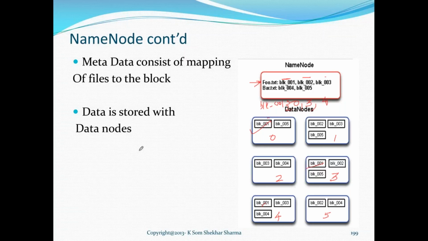Likewise for all the blocks. Now, if you keep one file, it will have one entry in the metadata. If you put another file, you will have one more entry for that file. If you keep on putting a lot of smaller files, then what will happen? The name node's RAM, or JVM memory, will be quickly exhausted.